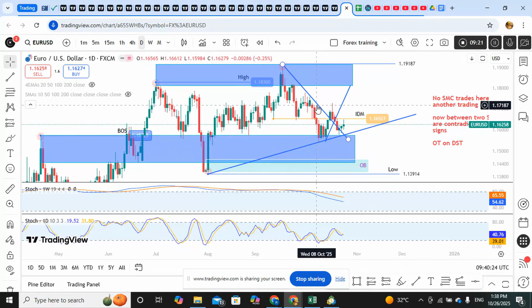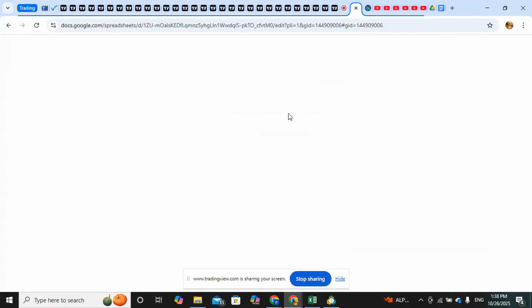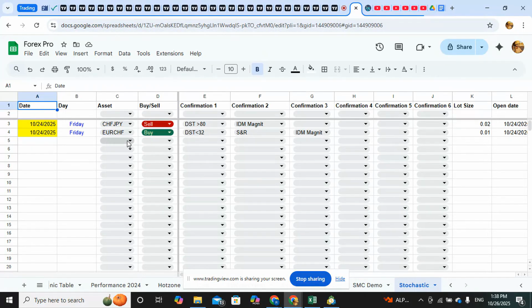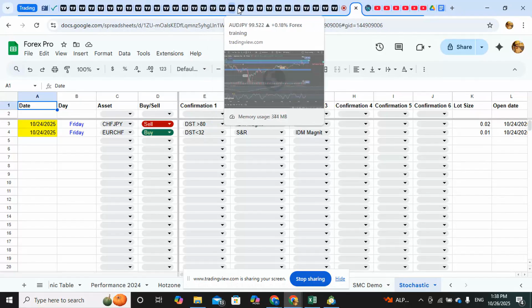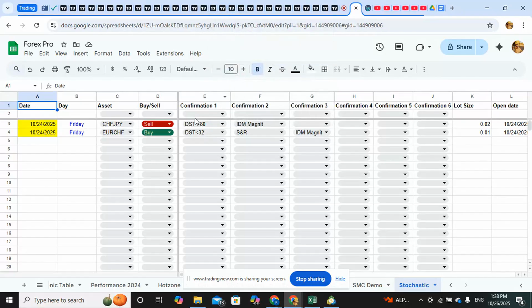Let's move to a couple of examples. I already opened a couple of trades. One with the CHF JPY. Okay, so look here. This is a sell position. Why?